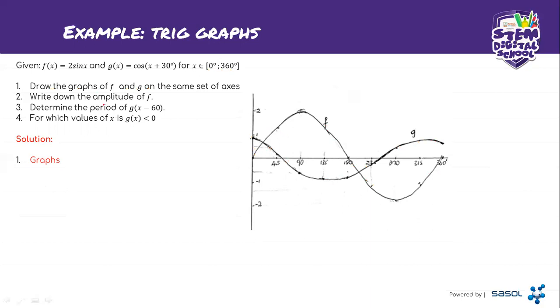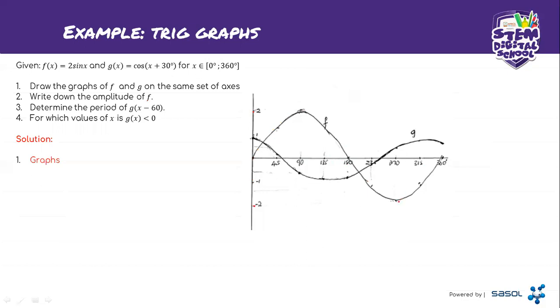Number 2, write down the amplitude of f. Remember, what is the amplitude? We said the amplitude is the height from the center line of the graph to the maximum or minimum. If we determine the maximum of this graph, you can see this positive 2 up there is the maximum point, the turning point of the graph of f, and the same applies with negative 2 as the minimum.